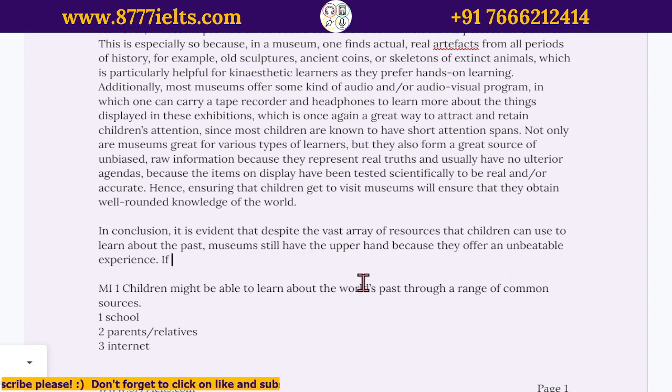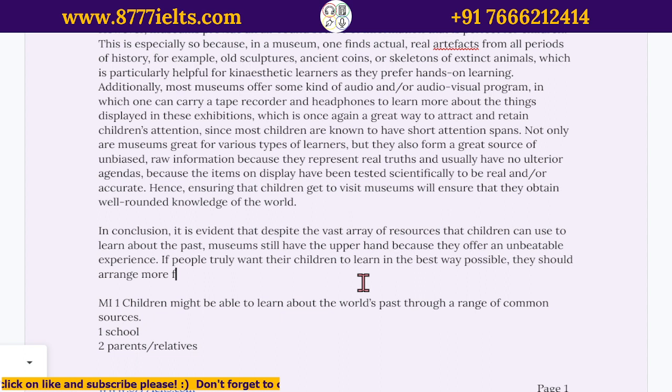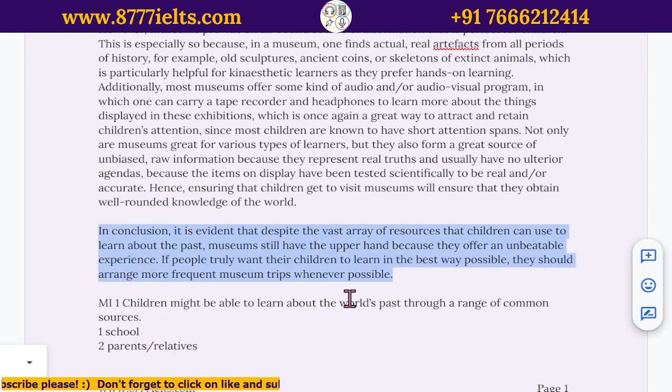If parents, or people, truly want their children to learn in the best way possible, they should arrange more frequent museum trips whenever possible. So that's my conclusion.